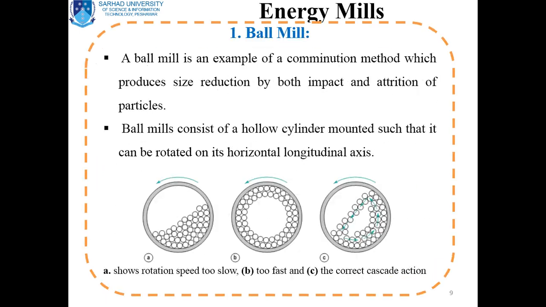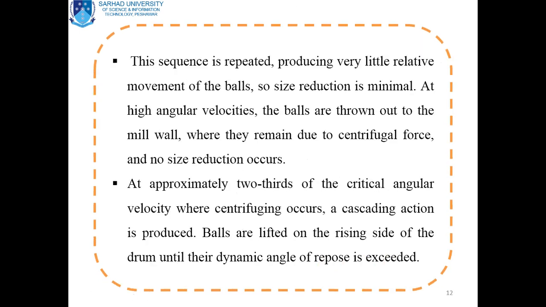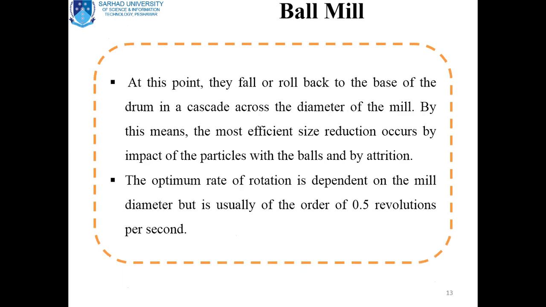You can see that the third one is appropriate, the correct cascade action for maximum efficiency. At this point, shown in figure C, the balls fall or roll back to the base of the drum and cascade across the diameter of the mill.